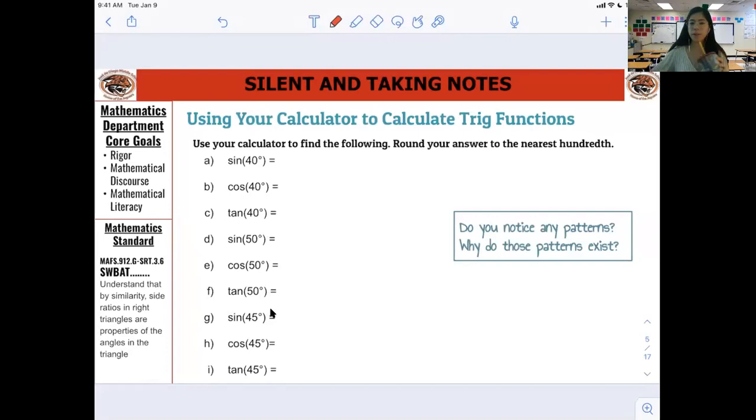I'll give you guys 2 minutes. You do not need to type it into the chat. Just make sure you write it down so that when we go over it, you can check your work.